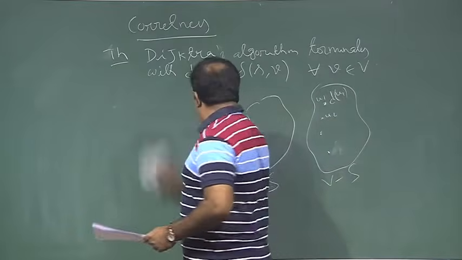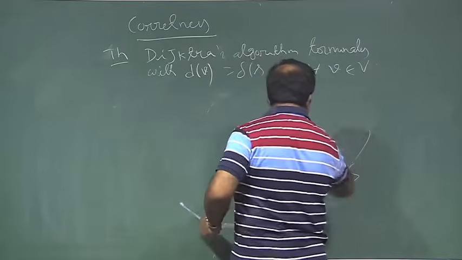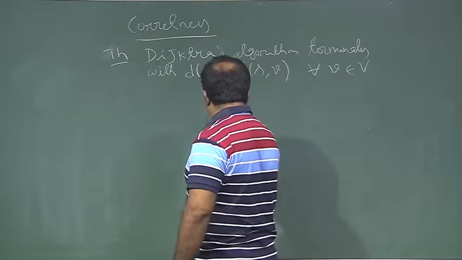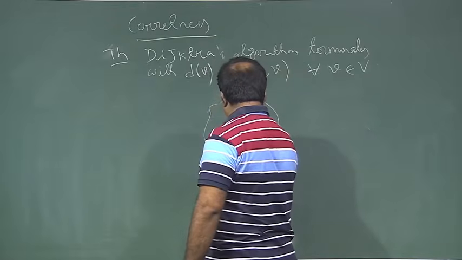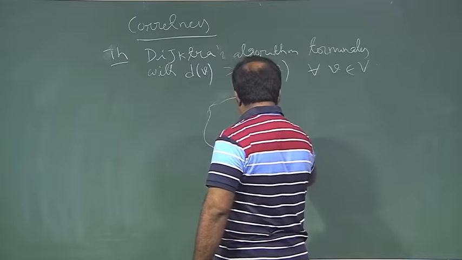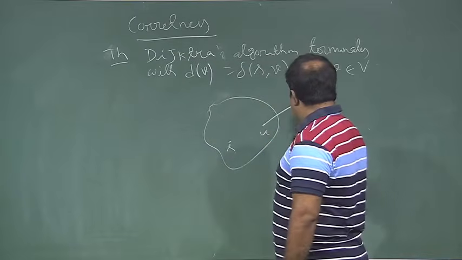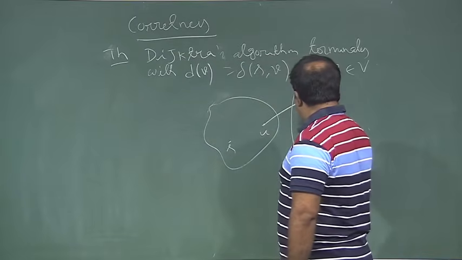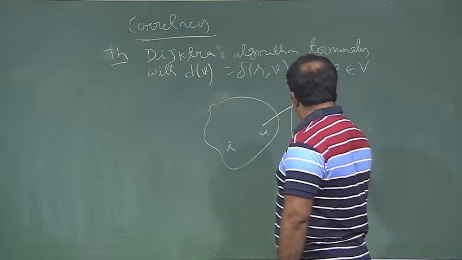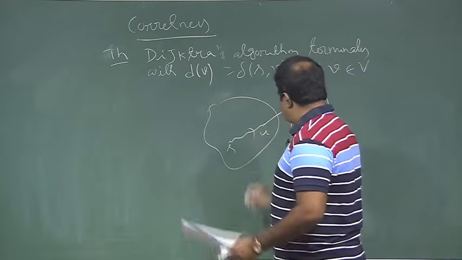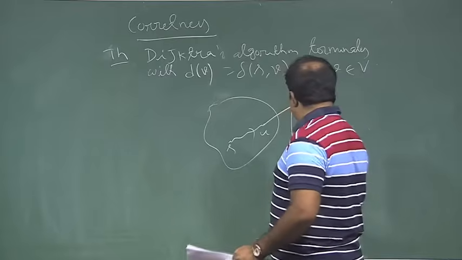Now here, once we capture a vertex in U, then we take a V over here. So what is the d value of V?